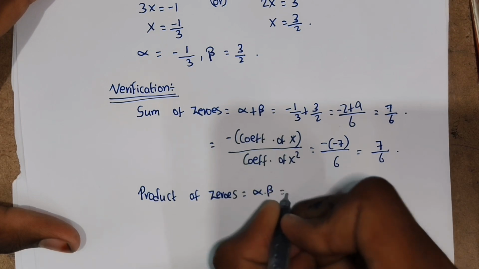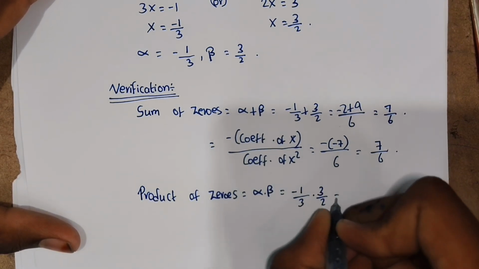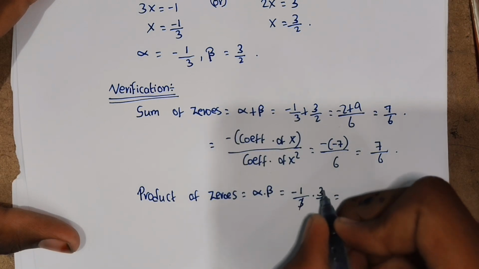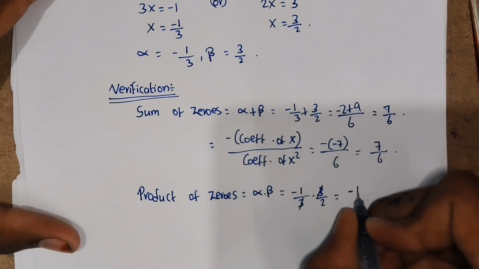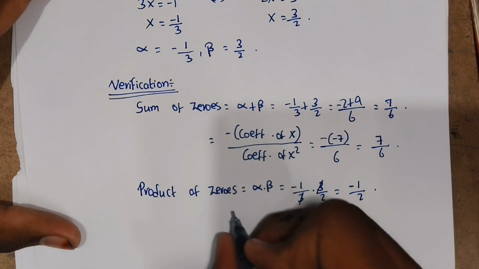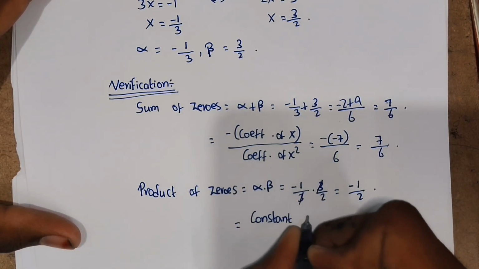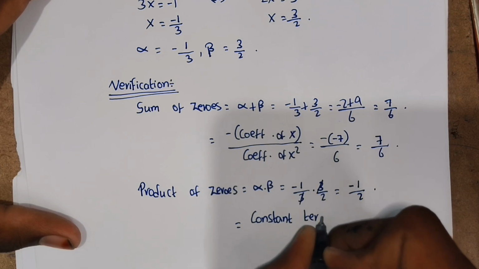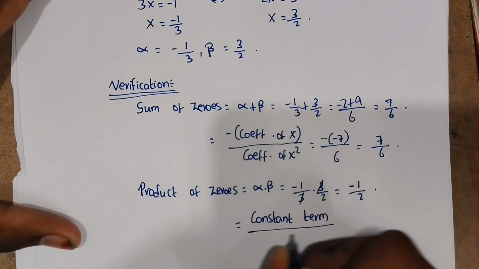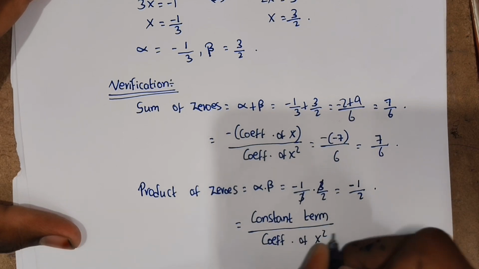Alpha into beta is equal to minus 1 by 3 into 3 by 2. Here 3 and 3 get cancelled, so it is equal to minus 1 by 2. By the formula, it is constant term by coefficient of x square.